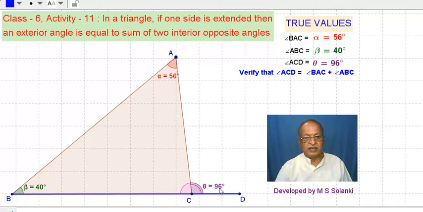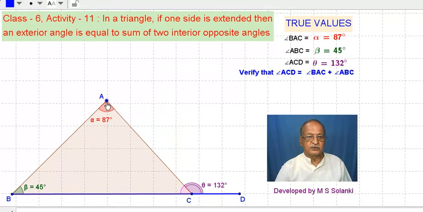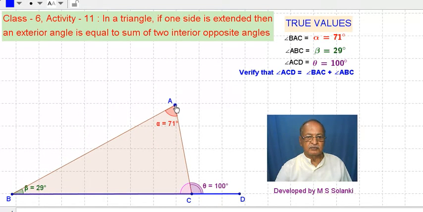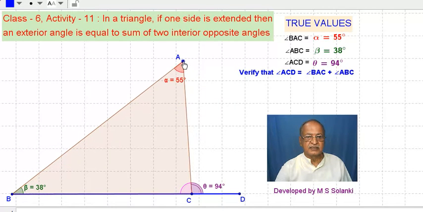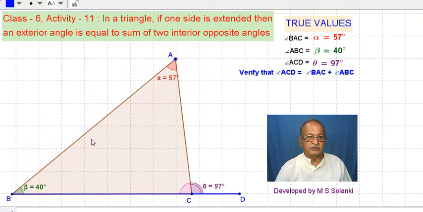So in the remark column, yes, we are getting that the sum of the two interior opposite angles is equal to the exterior angle.